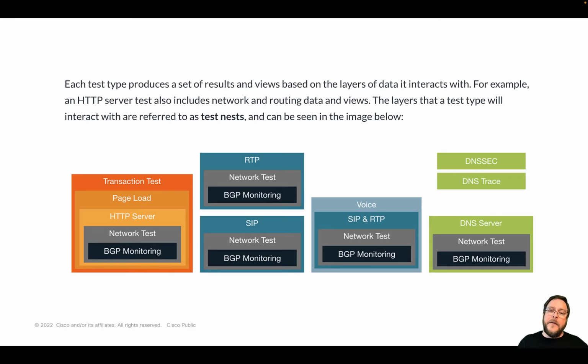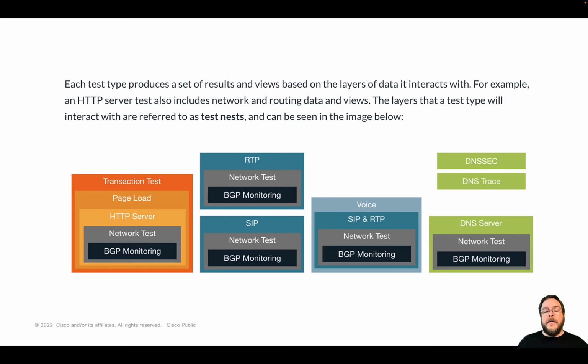It's important to note that we bundle some of these tests into very convenient categories, so you don't have to create multiple types of tests. You can say, I want to do a page load test, and the page load test would include web server, network test, and BGP monitoring. We can see that the transaction test would include page load, web server, network testing, and BGP monitoring.